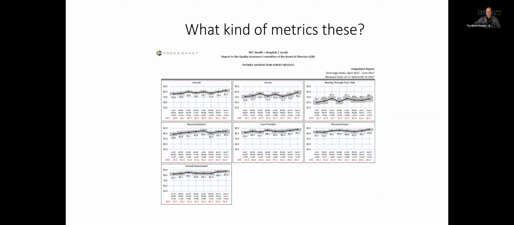So what kind of metrics are we looking at on the board over here? Press Ganey is the patient satisfaction results. Are these X's or Y's? Those are the results, so those are all outcomes, right? We have a tendency to go to hour-long meetings every month to talk about patient satisfaction.